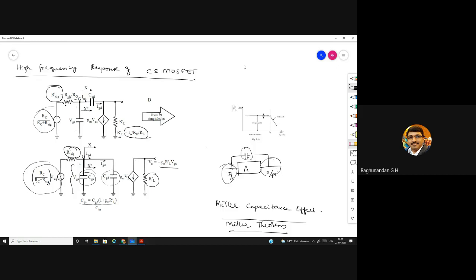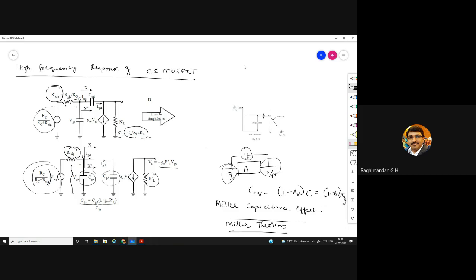So according to him, the equivalent capacitance is given by C equivalent equal to 1 plus AV into C. Here C is nothing but CGD, gate to drain.